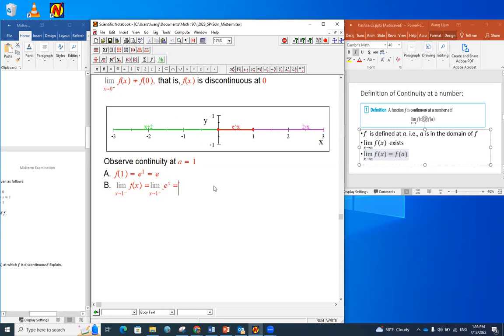Direct substitution is e to the power 1, and that equals e. Well, these two are the same, so you have to continue to look. What if x is approaching 1 from larger than 1? So this is a plus sign.